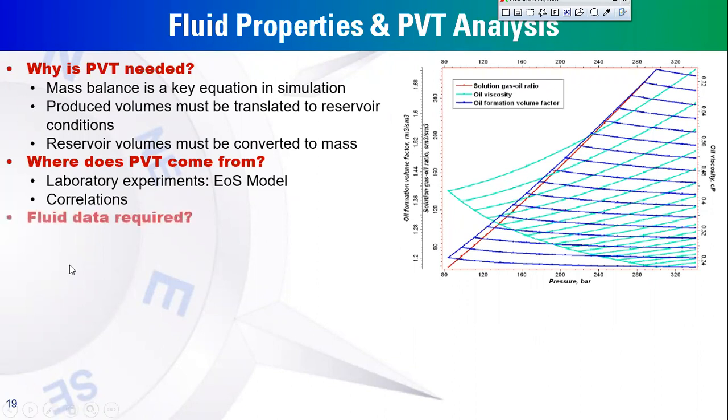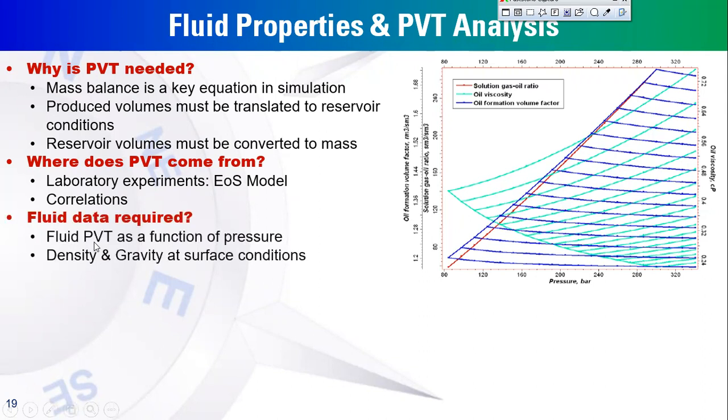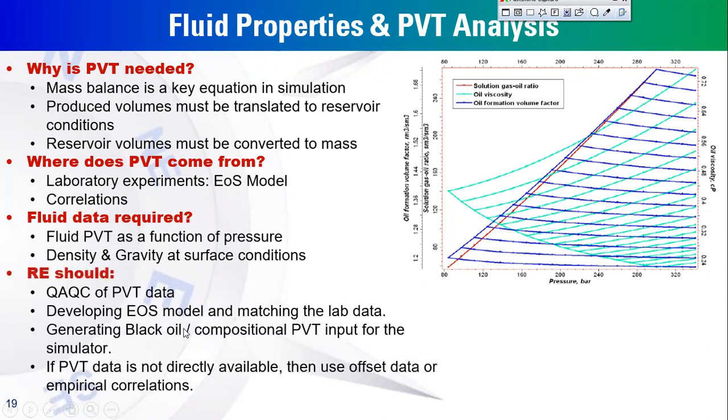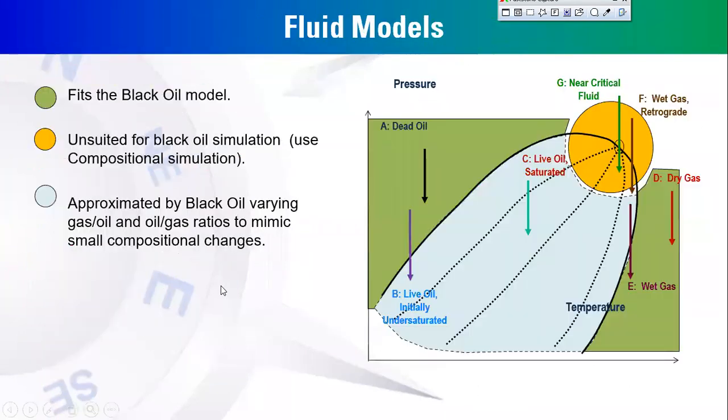Even if we have no available PVT data, we can use correlations based on a few inputs. But we have to quality check the PVT data before developing the equation of state model, or before applying specific correlations.